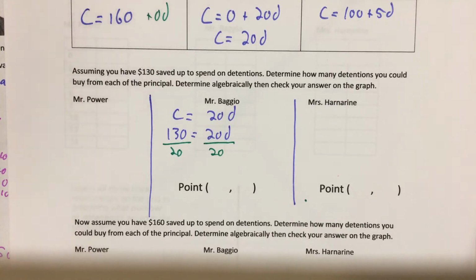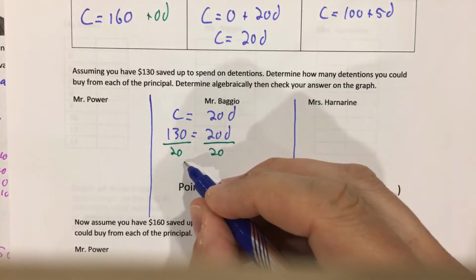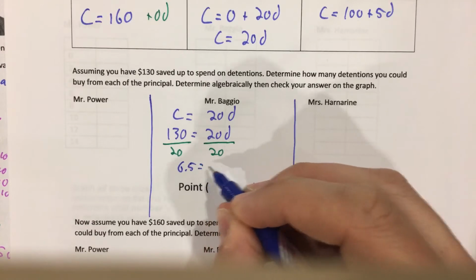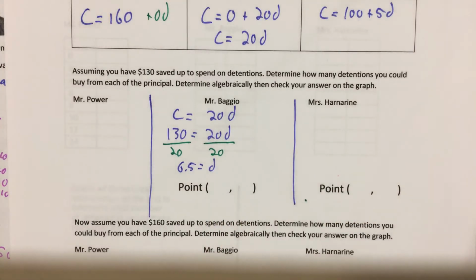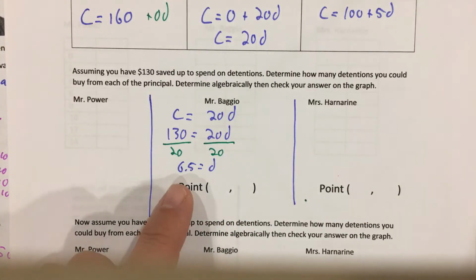We will get $130 divided by 20 is 6.5 detentions. So that means that for $130 we can buy out of 6.5 detentions.